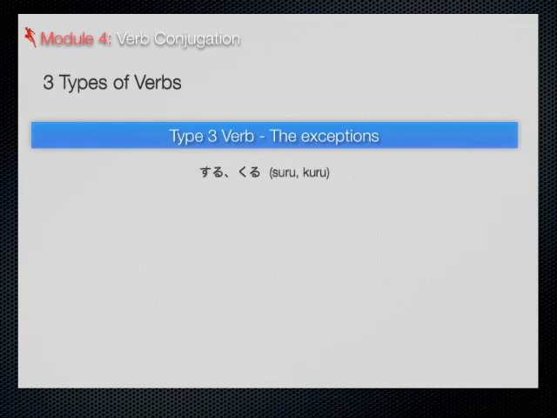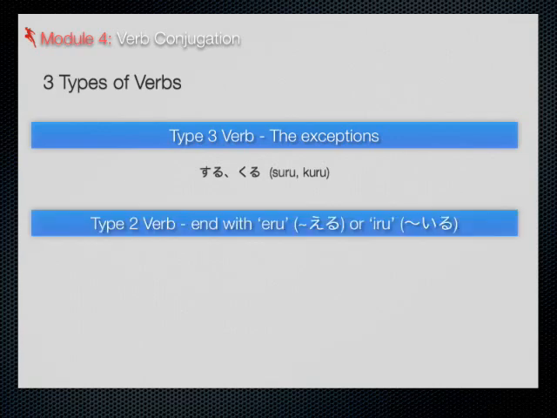All right, so what about the others? Type 2 verbs are verbs that typically end with eru or iru. Examples of type 2 verbs are taberu, hashiru, and neru, which are to eat, to run, and to sleep.